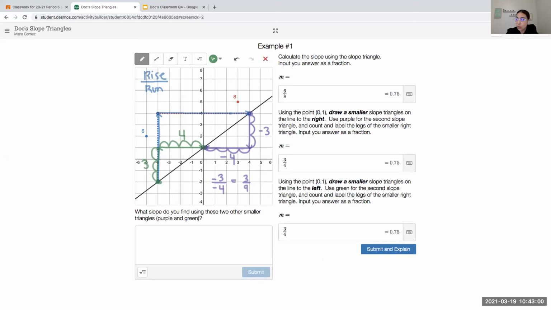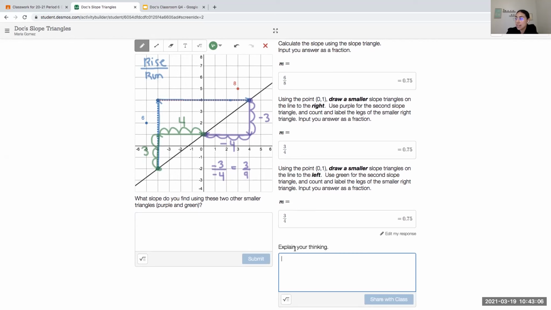So once you've typed in your 3/4, go ahead and click submit and explain. And this is going to bring up a new little box here that wants you to explain your thinking. So at this point, what are you noticing between all of these different triangles we had and our slope? The triangle gave us 6/8, which was 75 hundredths.